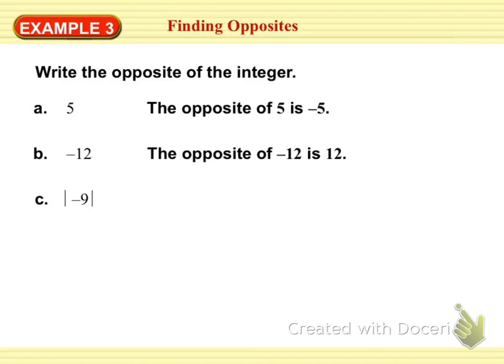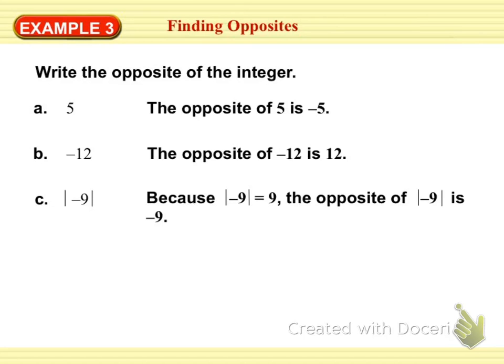Since the absolute value of -9 is 9, the opposite of that would be -9. Okay? Because the absolute value of -9 is 9, the opposite of the absolute value of -9 is -9. Does that make sense?